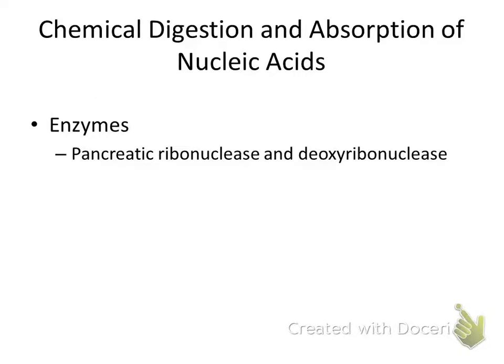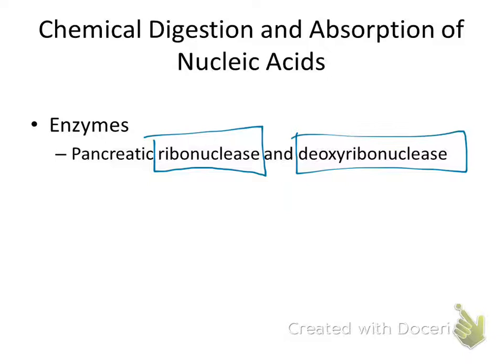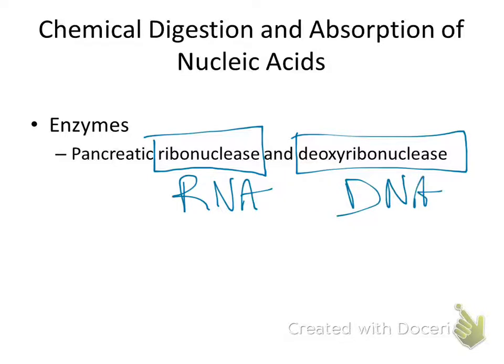The enzymes that I want you to know here are super easy. Look at those names. What have they got in the names? Well, they both have nuclease. That's true, but notice we've got a pancreatic ribonuclease and deoxyribonuclease, right? So basically it has RNA and DNA in the name if you know what those stand for.